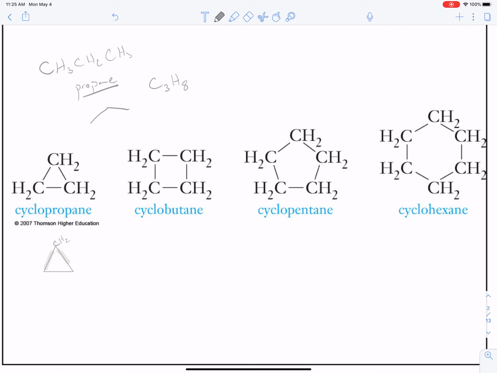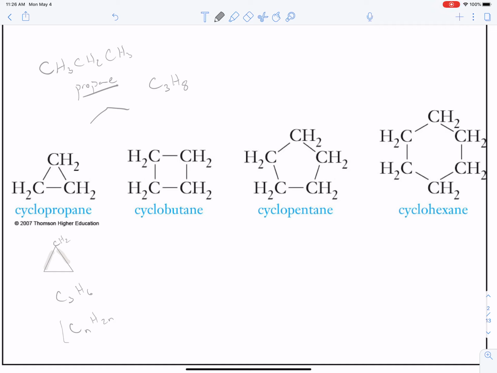Whereas for cyclopropane, it is C3H6. So starting with cyclopropane, with n number of C's we have 2 times n number of H's. So if the number of carbons is 3, then we've got to have 6 hydrogens, because 2 times 3 is 6.